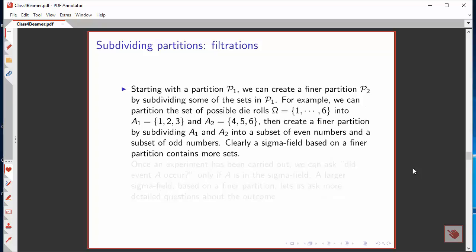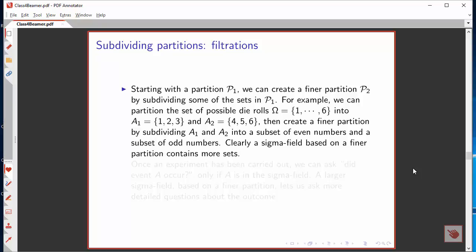Now let me introduce the concept of filtration, which is going to be very important when we start applying these concepts to securities markets. If we have a partition, we can make a finer partition simply by subdividing some of the sets in our original partition.